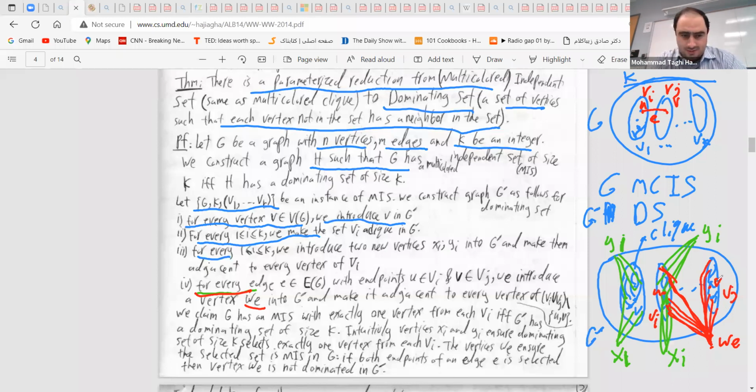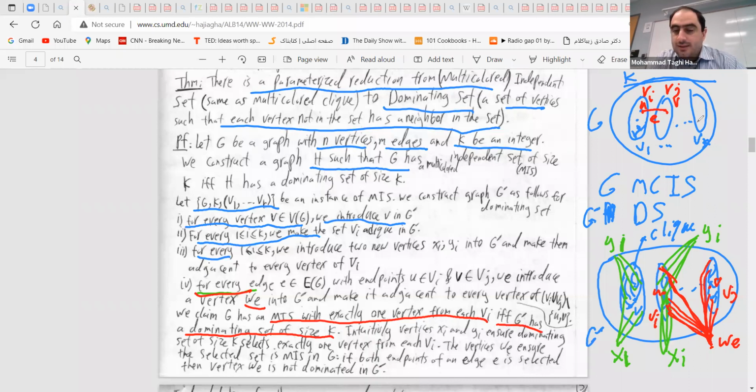Good. Now, what is the claim? So the main claim is this one. The claim is that G has a multicolored independent set with exactly one vertex from Vi, if and only if G prime has a dominating set of size K. And of course, for this problem, K is just the number of sets in the partition.